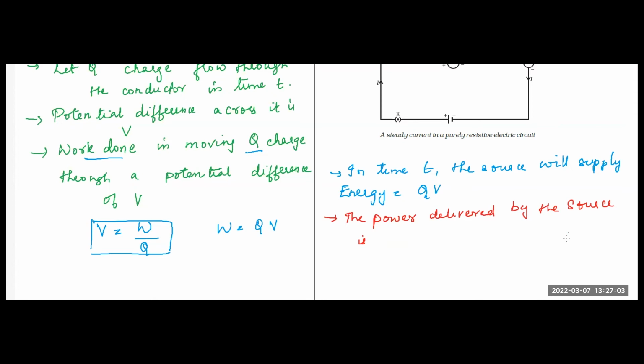We know that power is equal to work by time. So here we can say power is equal to QV divided by t, where t is the time and QV is the work done by the source in moving charge Q.